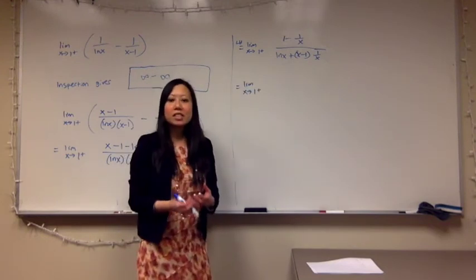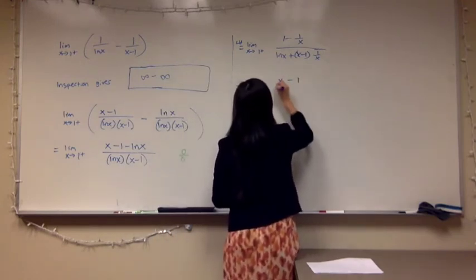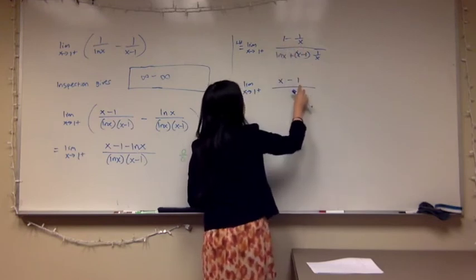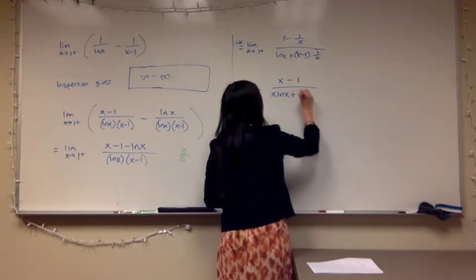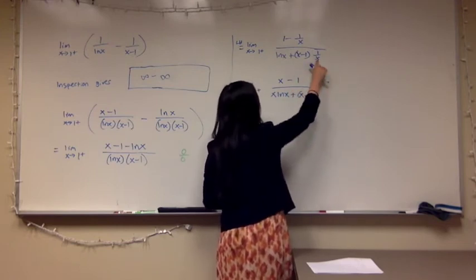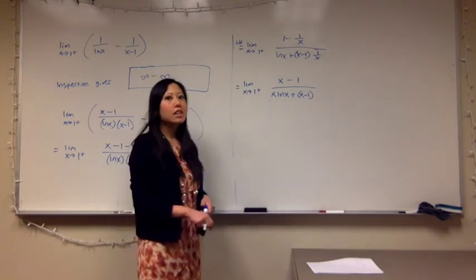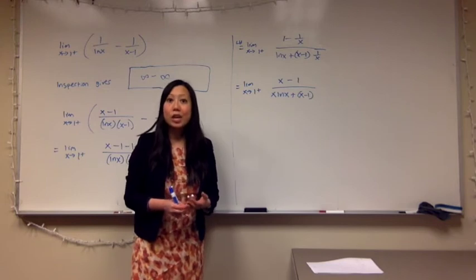So if I multiply the top by x, I get x minus 1, right? I have x minus x over x, which is 1. And then the bottom becomes x ln x plus x minus 1 times 1 over x times x, so those just cancel.